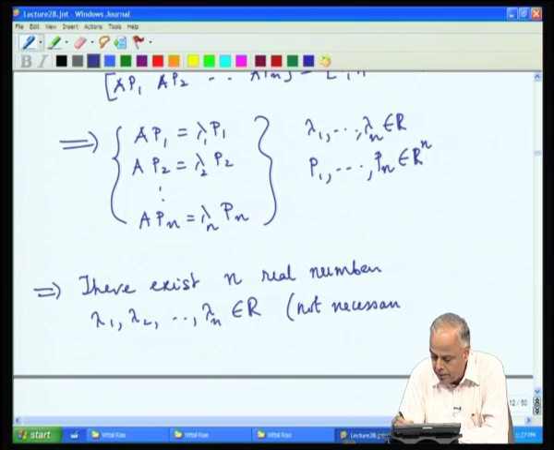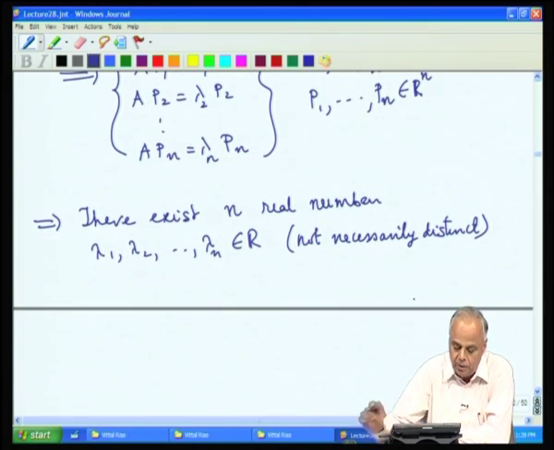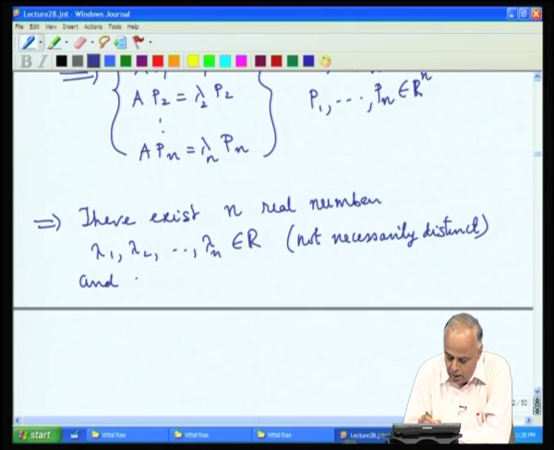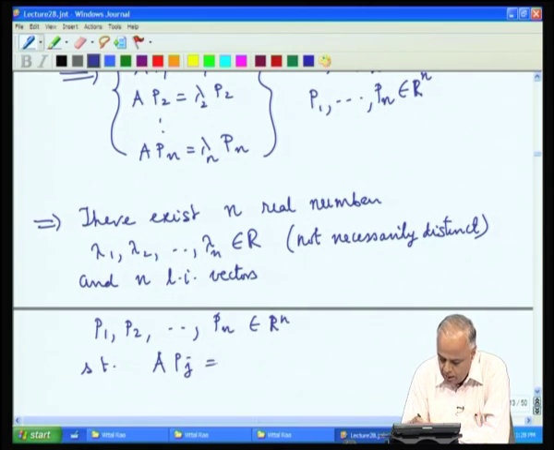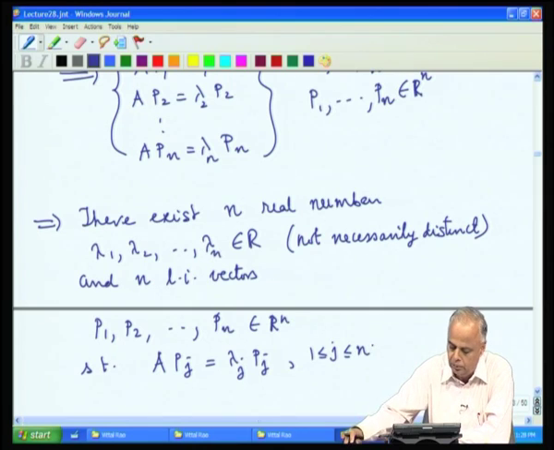They may be different numbers or some numbers may be repeating, it does not matter, they are all real numbers, and n linearly independent vectors p 1, p 2, p n in R n such that A p j equal to lambda j p j, 1 less than or equal to j less than or equal to n.